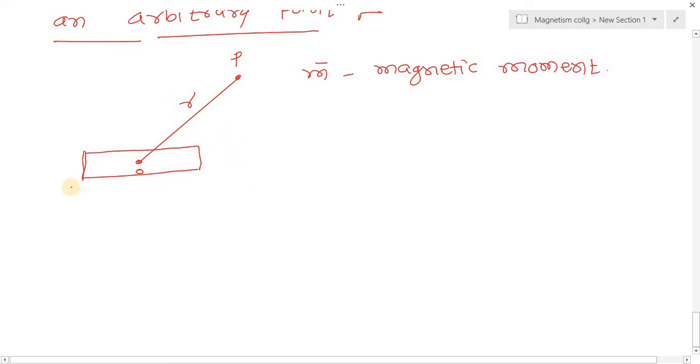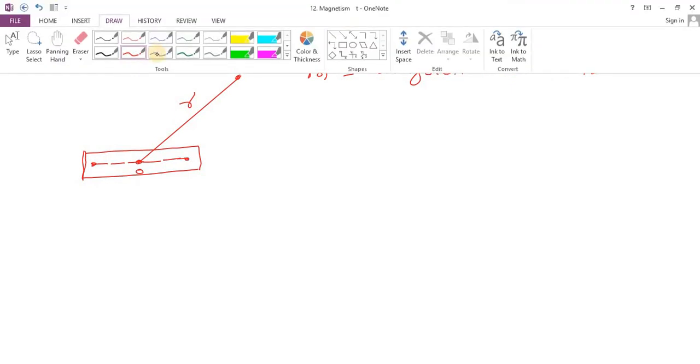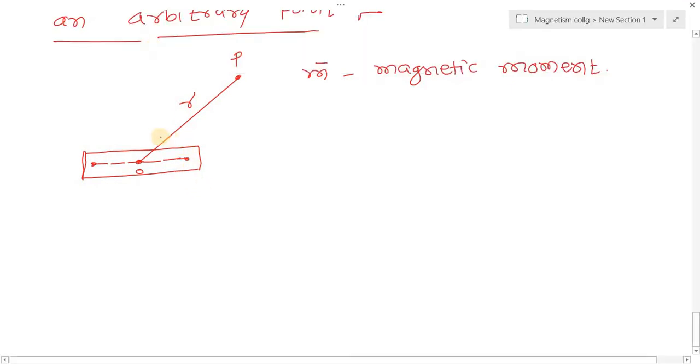See, this is the axis of the magnet. I show the components by different colors. One component of m bar is along r bar and the other component is perpendicular to r bar.